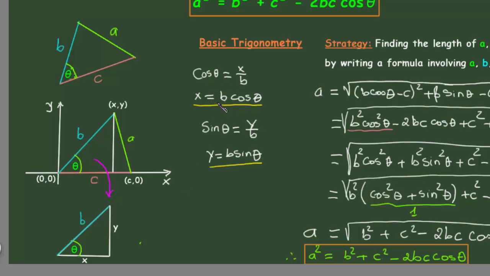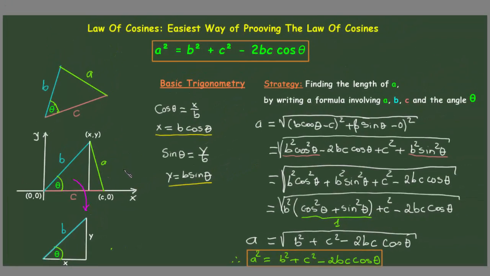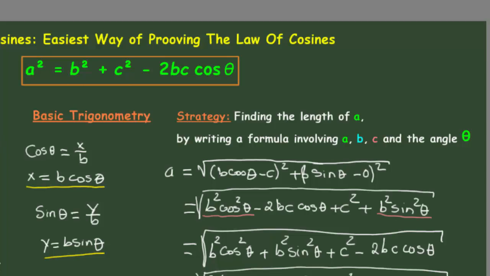And this is what we did here, and the basic trigonometry allows us to find the coordinates x and y of this point. Once we have that, we can use a strategy. We could find the length of, in my case it was a, but it could be c or b, by writing a formula involving a, b, c, and the angle theta.